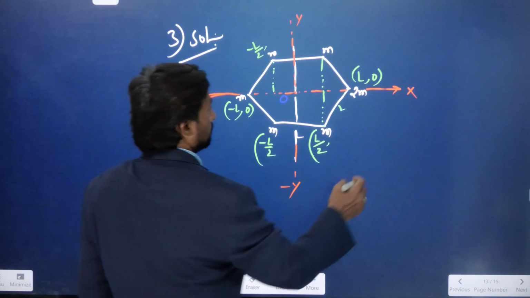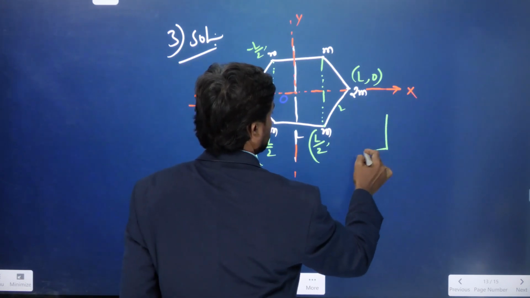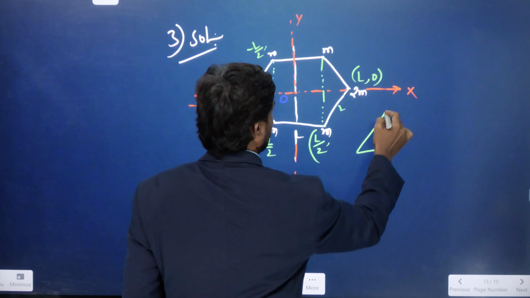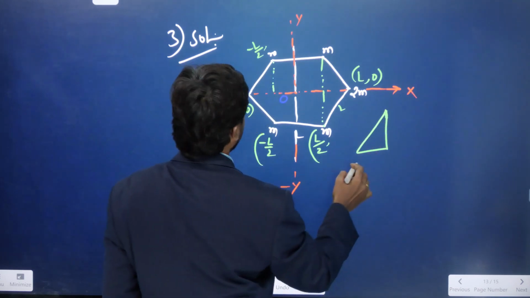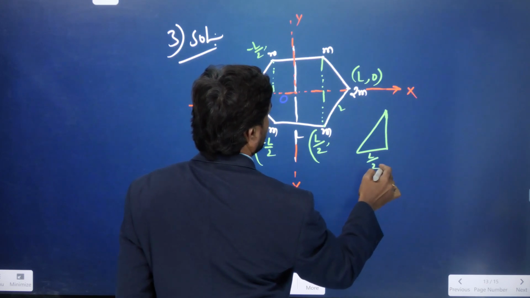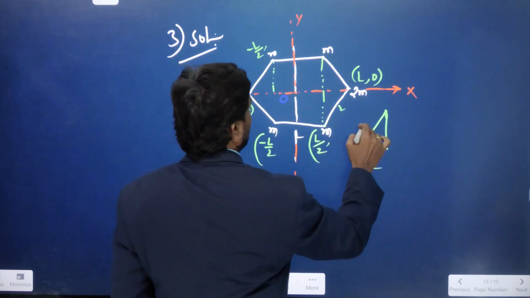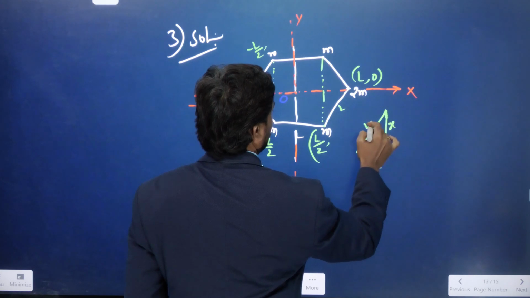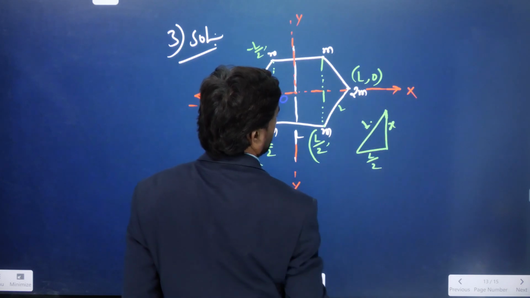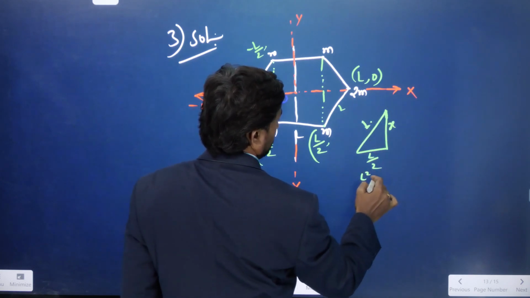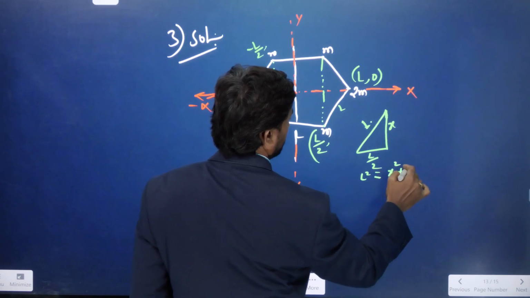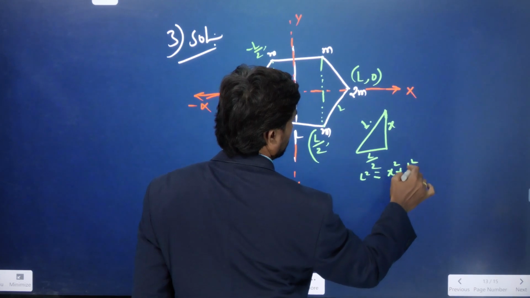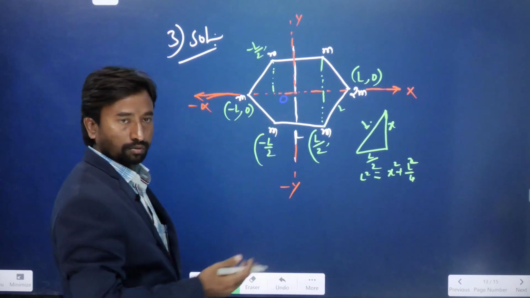We should apply the Pythagoras theorem for the right angle triangle. See here, this distance is L by 2, and we know the hypotenuse is L. To find this x, let us consider it as x. So L square is equal to x square plus L square by 4.